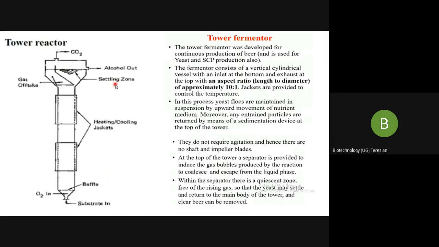Since it is typically used in the brewing industry, a typical tower fermenter will consist of the yeast because it has to convert the material into the alcoholic form. And the gradient of growth also is going up the tower.